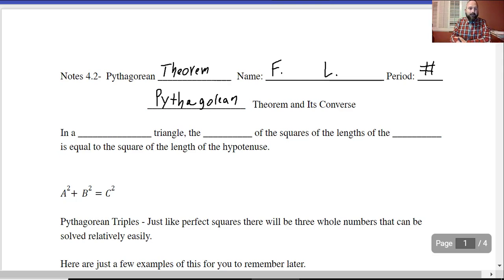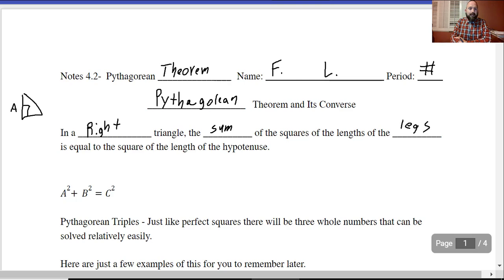So here is our theorem. In a right triangle, that looks like this. Here's a right triangle. The sum of the squares of the lengths of the legs is equal to the square of the length of the hypotenuse.